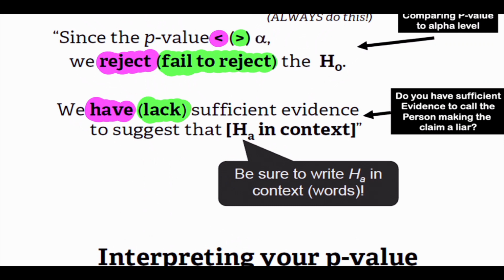All of the pink ones go together, all of the green ones go together. If our p-value is too big, it's bigger than alpha, which means we fail to reject, we lack evidence. If our p-value is less than, we reject and we have enough evidence. So ours was less than, right? So that means we're going to reject the null hypothesis.